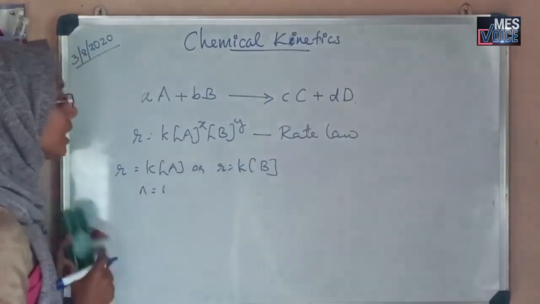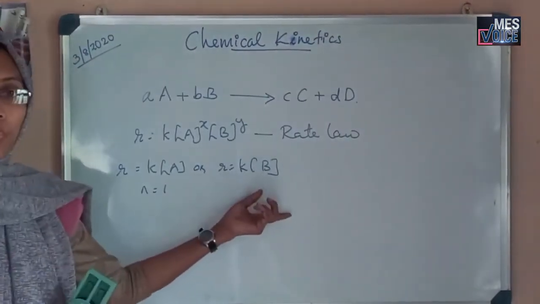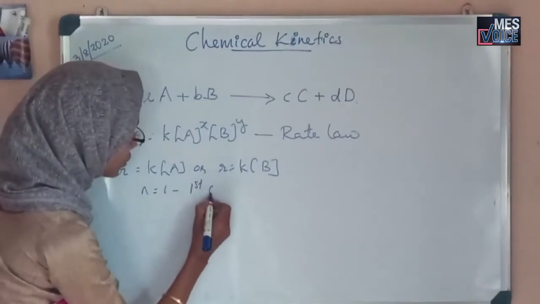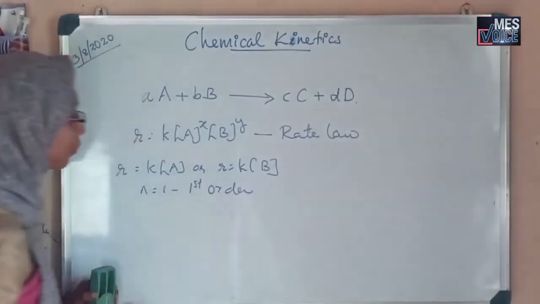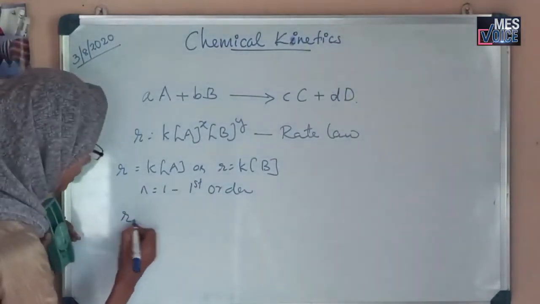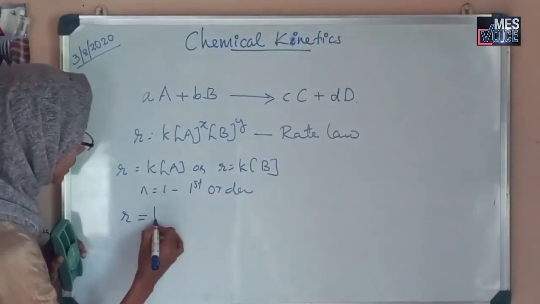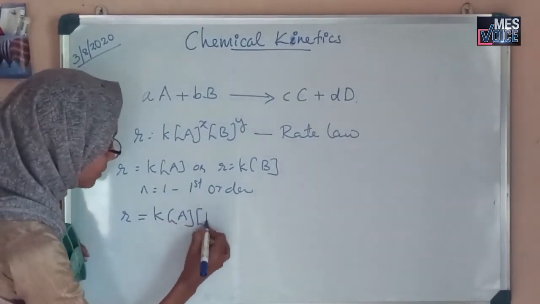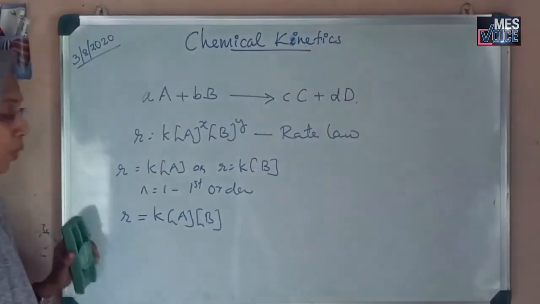In both cases, the order of the reaction is equal to 1. This is known as the first order reaction. If n is equal to 1, it is known as the first order reaction. Then, in another case, R is equal to k into concentration of A raised to 1 and concentration of B raised to 1.